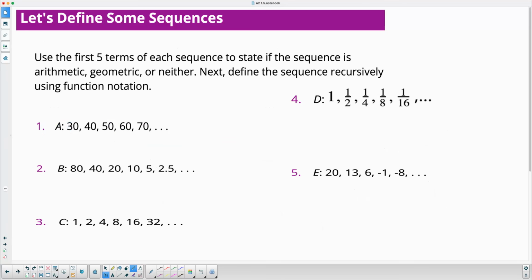All right, so use the first 5 terms of each sequence to state if the sequence is arithmetic, geometric, or neither, and then define it recursively using function notation. All right, so we'll start with this first one here. It looks like I'm going up 10 every time.